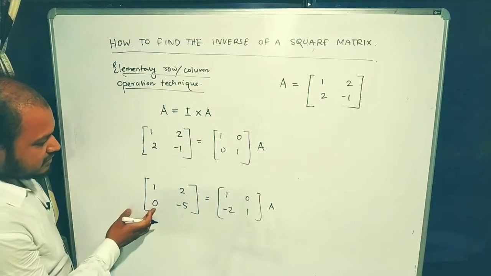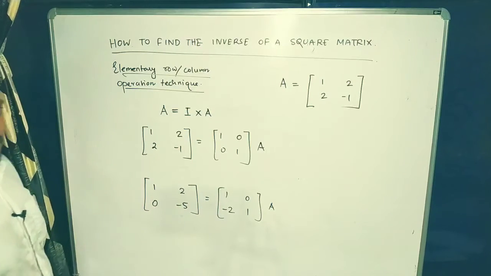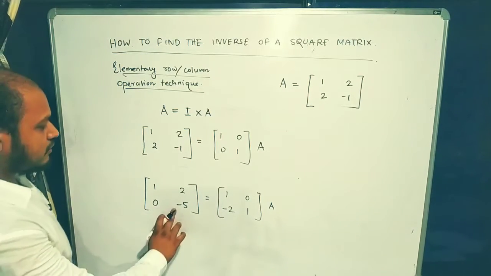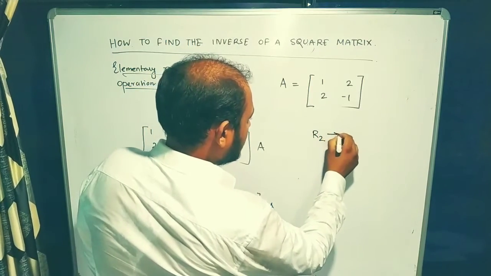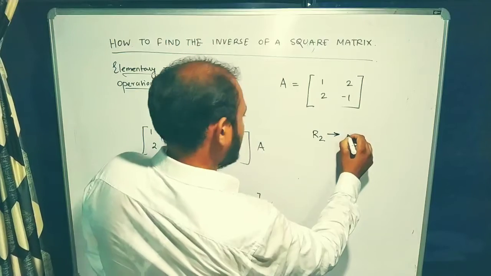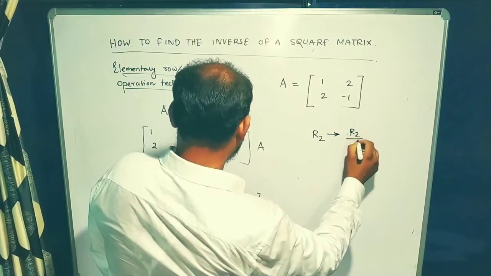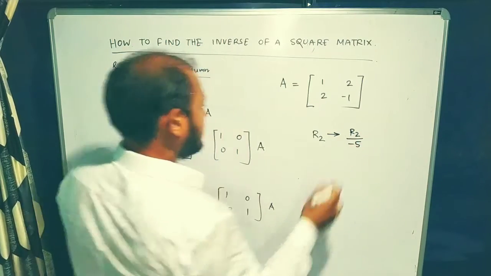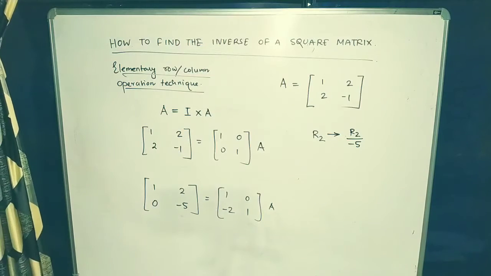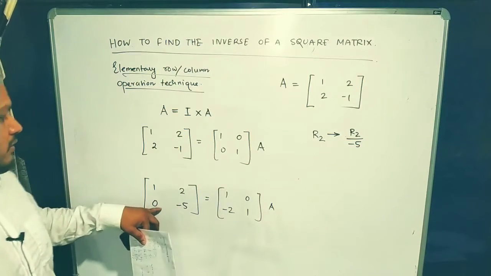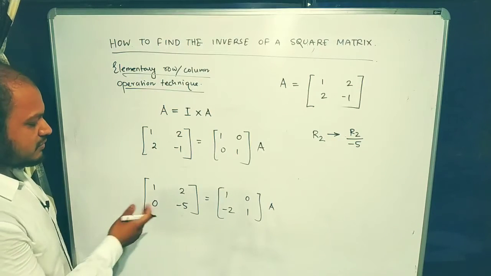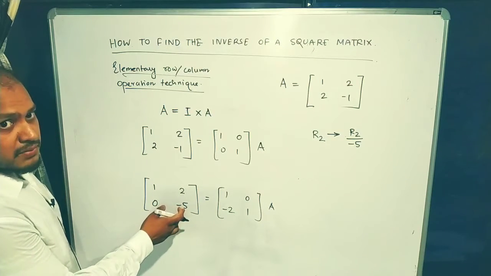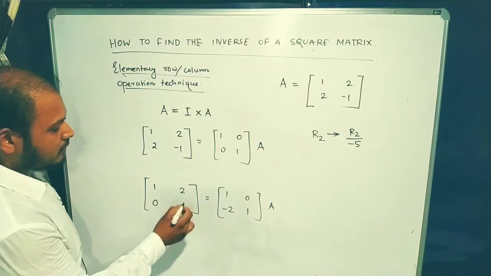So if I divide the entire second row by minus 5, what will happen? 0 divided by minus 5 is 0, and minus 5 divided by minus 5 is 1.